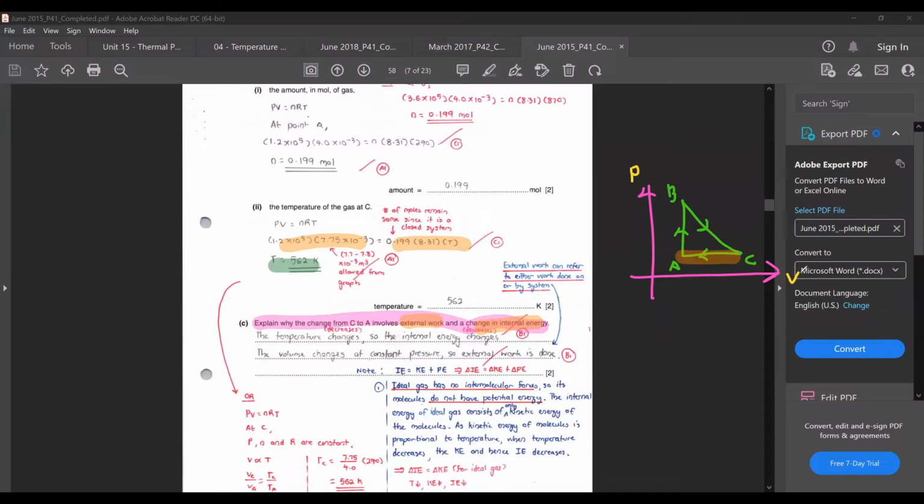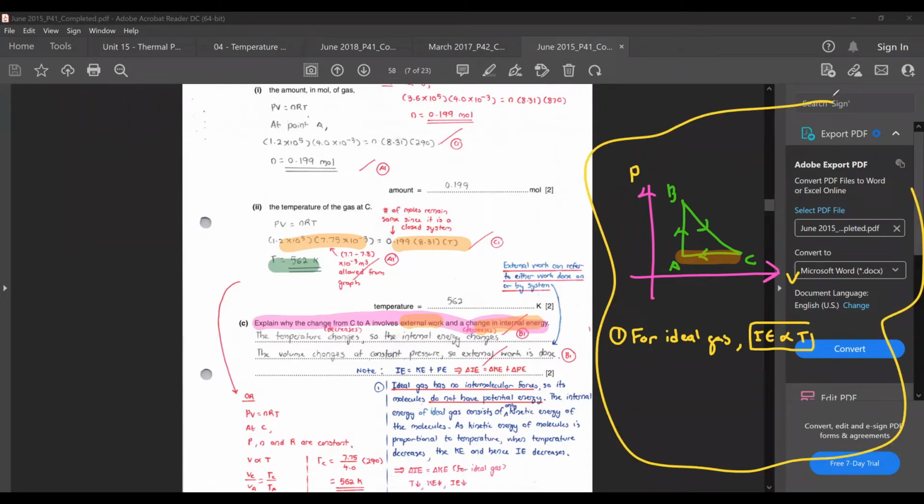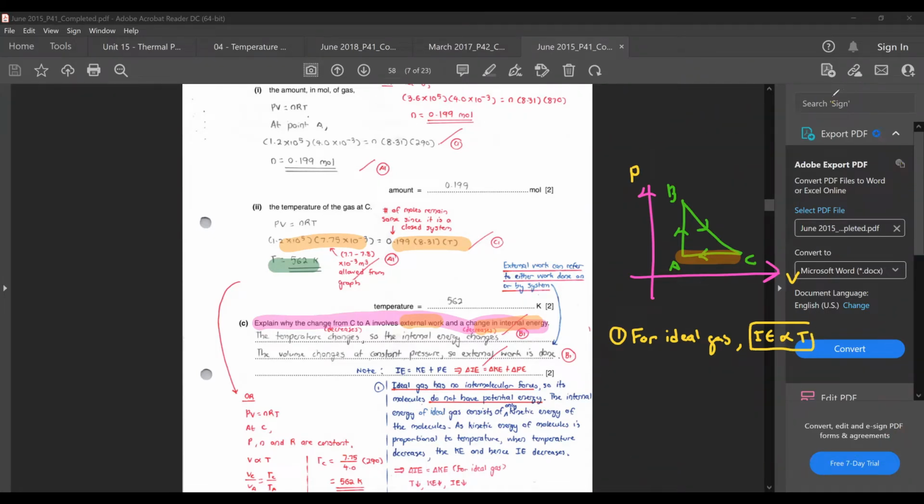All right. So what are the few things that we've learned so far? Now we already know that for ideal gas, internal energy is proportional to temperature. This one I wrote a long derivation for just now for the previous questions. Now you see from C to A, did the temperature change?